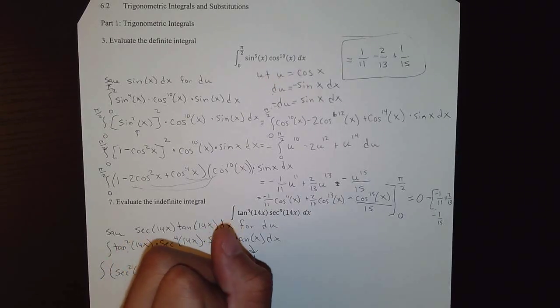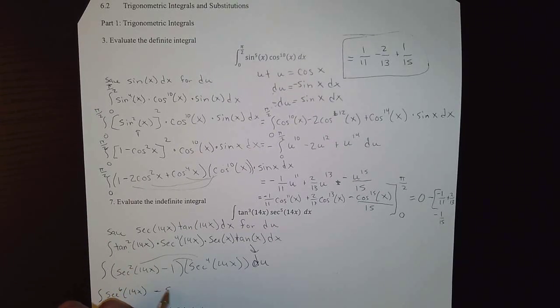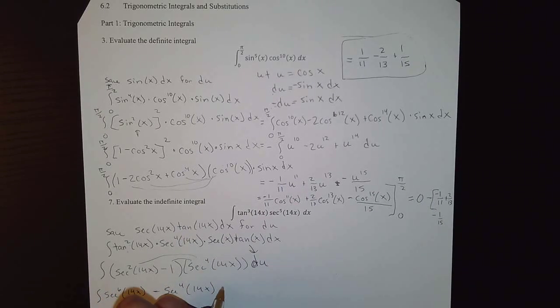I'll rewrite it as a du down here for now, so I don't have to keep rewriting this part. The next part would be to distribute. Now I have the integral of secant to the 6th power of 14x minus secant to the 4th power of 14x du.